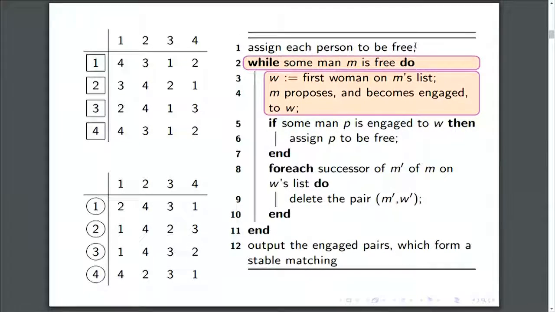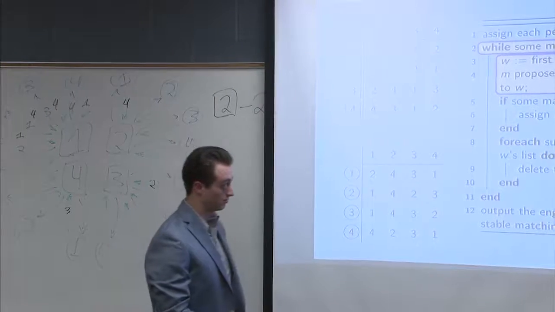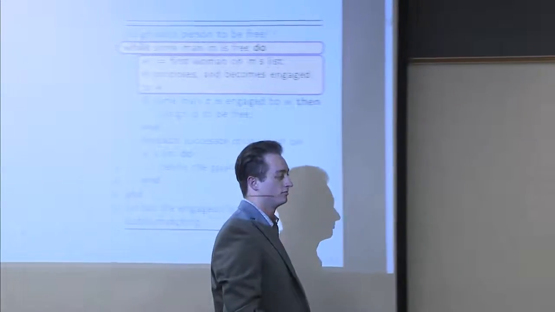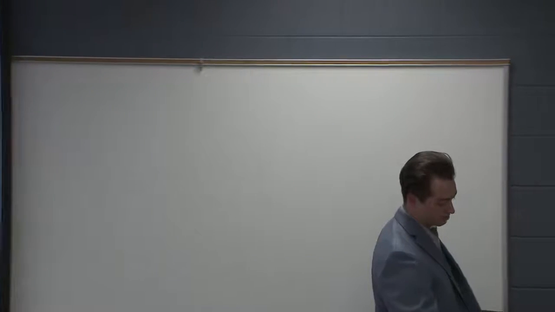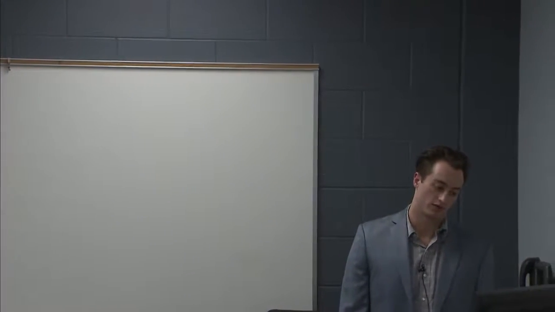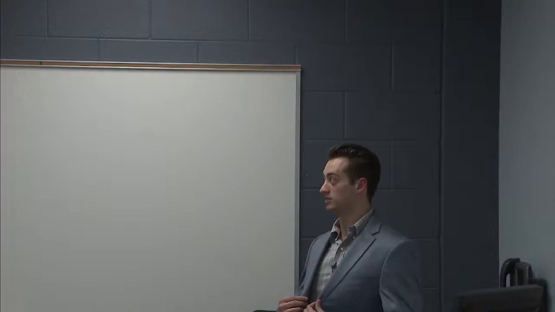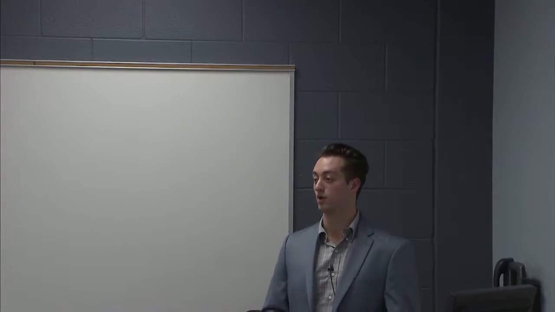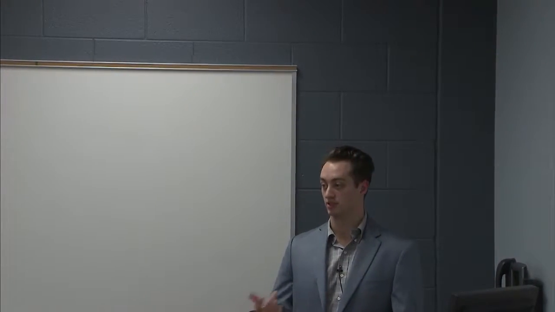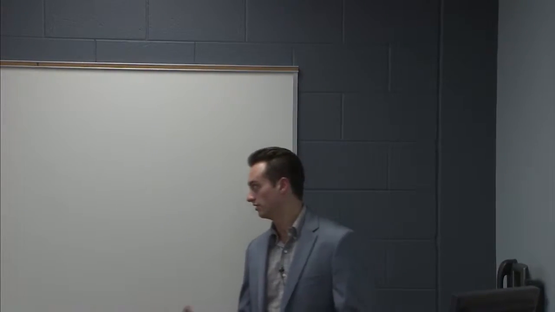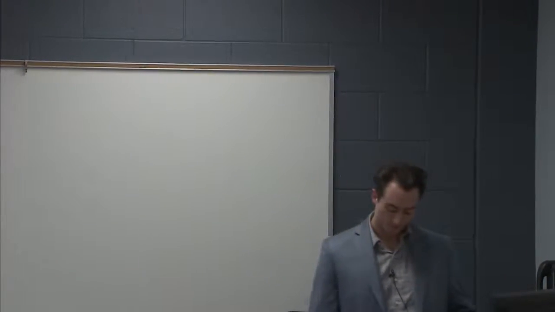What this means is that we are looking at the first woman on a man's list, and we are going to propose and become temporarily engaged to this woman. So coming up, yellow means a temporary engagement. This is basically starting off on day one, and this is what happens in the morning of the little intro that I just talked about.